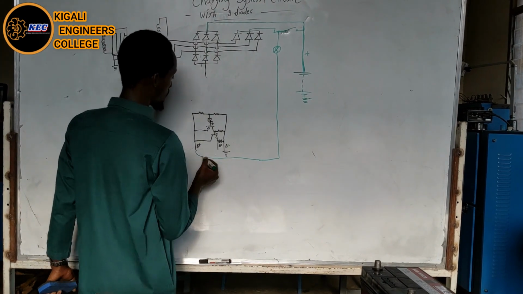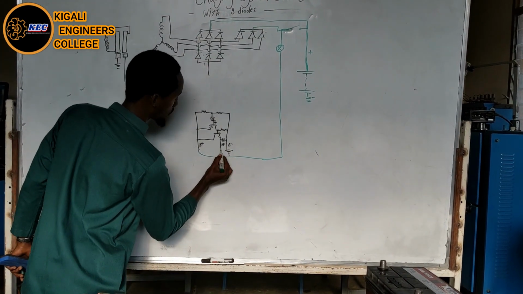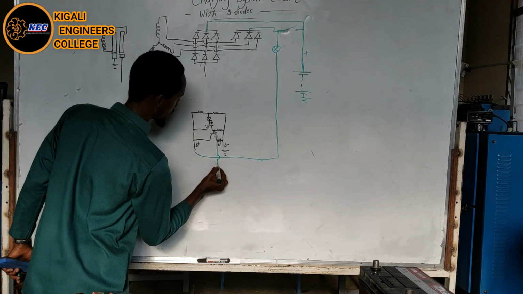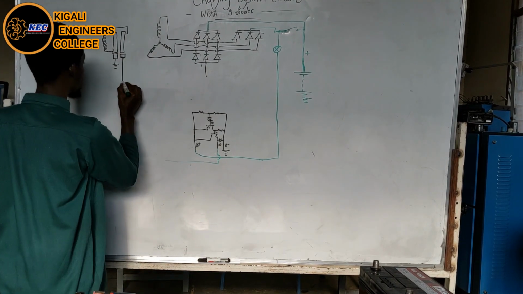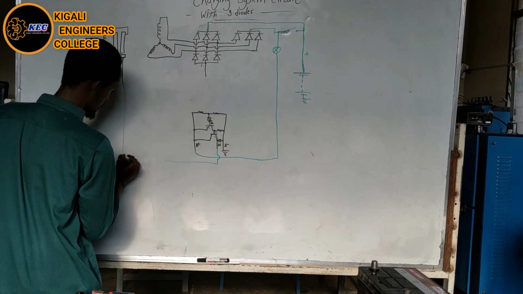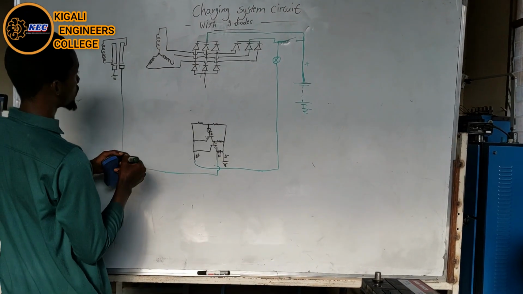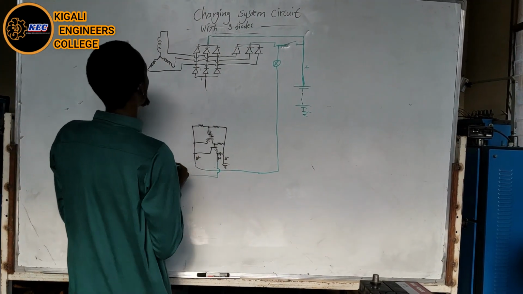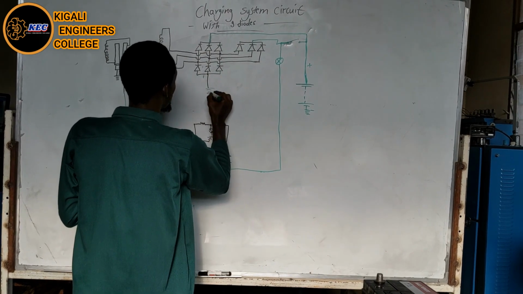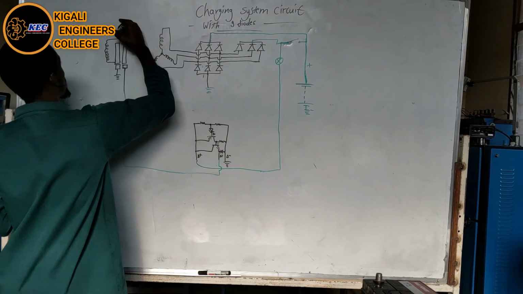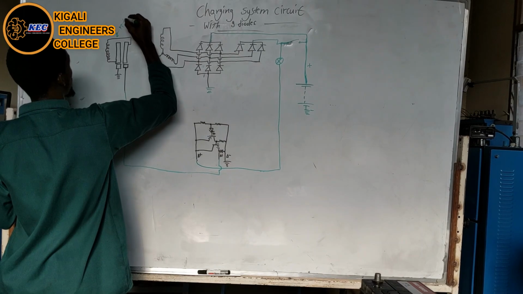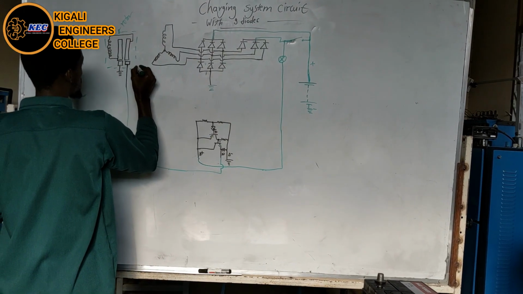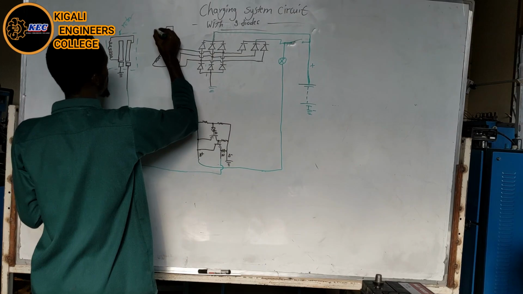So this is negative, and also this wire is for excitation, coming and connected to here to the rotor in order to make excitation. So this is the rotor with the brushes and other things.